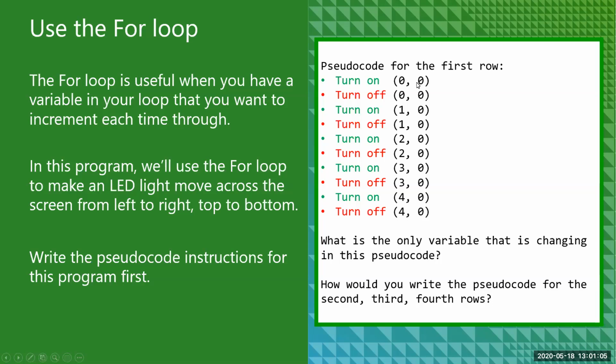So the second one actually has a value of 1. So we want to repeat this whole thing, but have a 1 over for our y-axis. And then we want it to repeat again with a 2 in our y-axis, and then 3, and then 4. And this is the value of the for loop, is we can do that. We can have a loop to where every time it adds 1 to a specific variable.